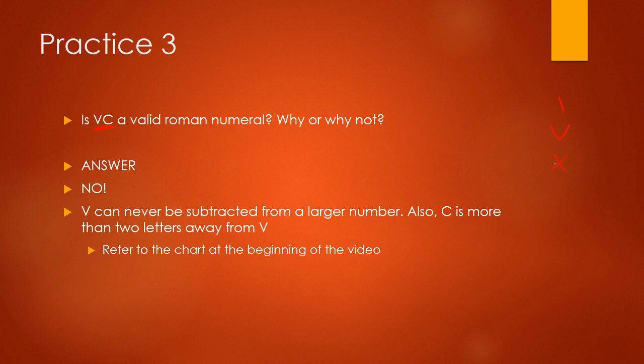X represents 10. 50 is represented as L, and 100 is represented as C. As you can see, C is more than 2 letters away from V. So there's no way you can subtract V from C. Additionally, you never ever use V to subtract. Only I and X are used in subtraction.